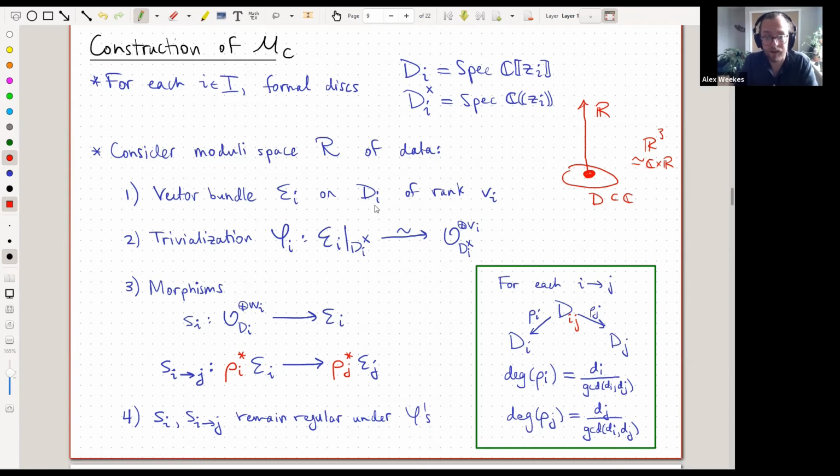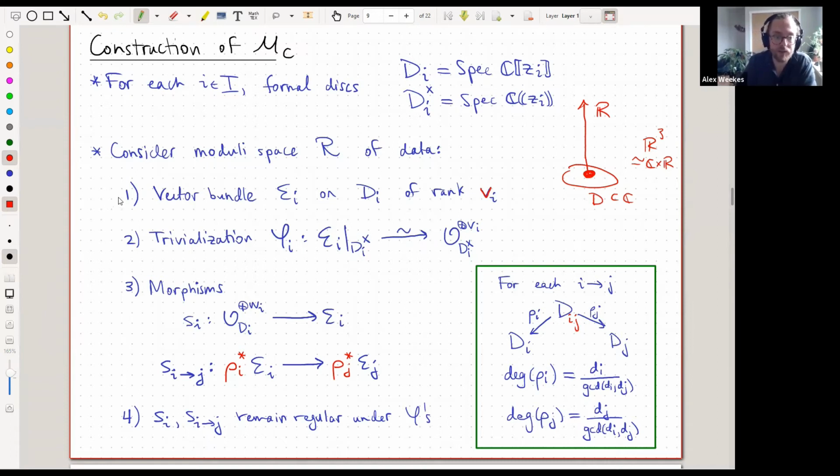So on each of these disks, we're going to take a vector bundle, and the rank is VI. So remember, the VIs are part of the quiver data. That's the dimension of the circle vertices. And for every single one of them, we're going to choose a trivialization of that vector bundle.